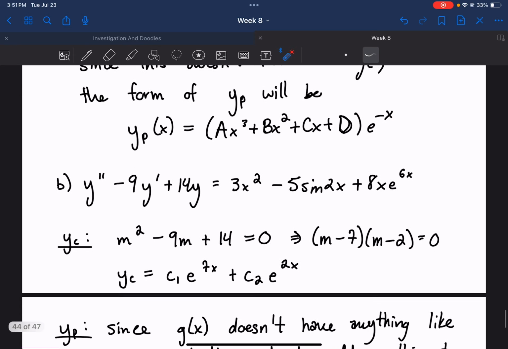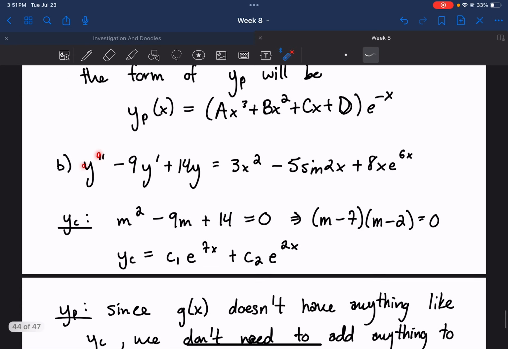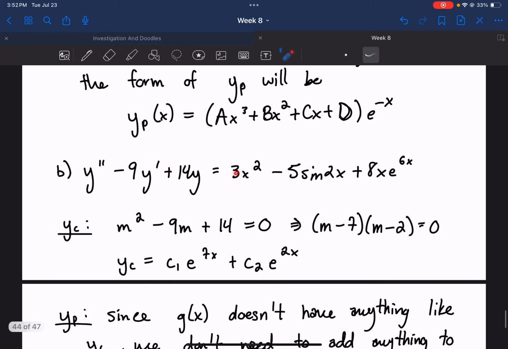Let's go again. Y double prime minus 9y prime plus 14y equals 3x squared minus 5 sine 2x plus 8x e to the 6x. Okay, we're going to solve our associated homogeneous equation, which gives us this. And again, I'm looking: g of x has a quadratic polynomial, has a sine, and has an x e to the 6x.